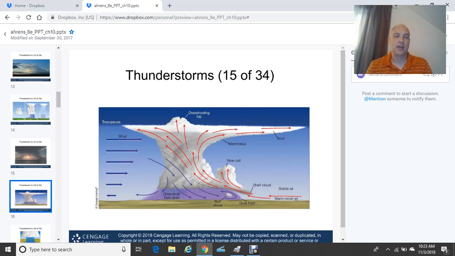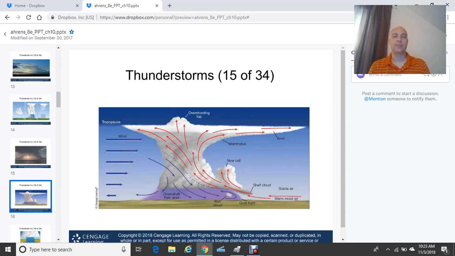Okay. Showing you also in this image what types of clouds you typically have with a thunderstorm. Like I mentioned, you get this anvil cloud there on the upper right-hand portion of the image. Sometimes you get these egg or pouch-shaped clouds on the underside of thunderstorms. Those are called mammatus clouds. Whenever you see mammatus clouds, it's a really strong to severe thunderstorm.